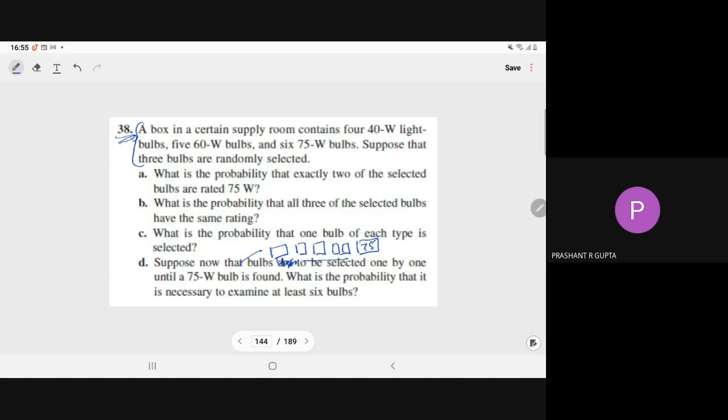The sixth one is of 75. It is possible only if the first 5 are either of 40 watt or 60 watt. Right? So in this case, it will become 9C5 divided by 15C5.